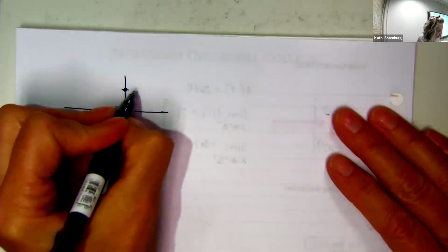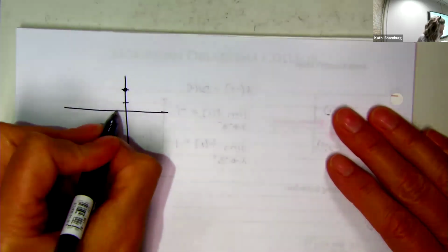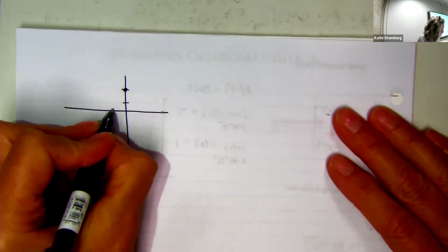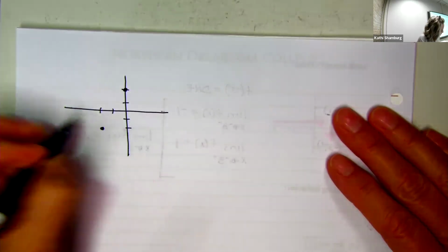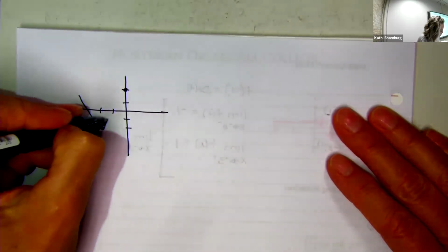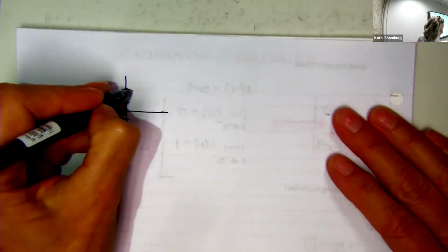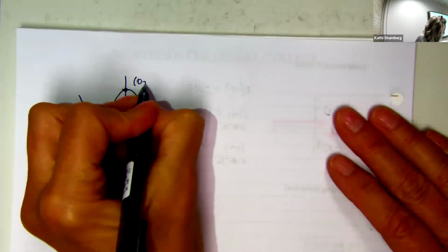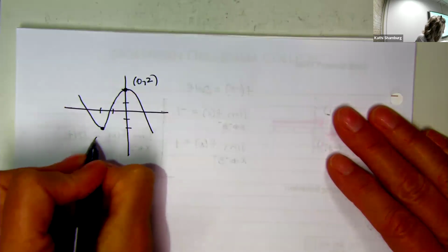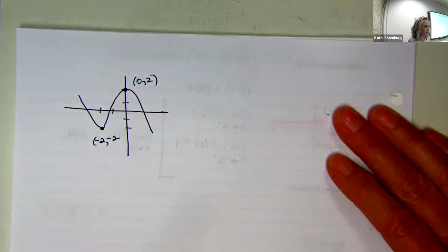And then 1, 2, 1, 2. And then I'm going to do this. So this is 0.02. This is -2, -2.